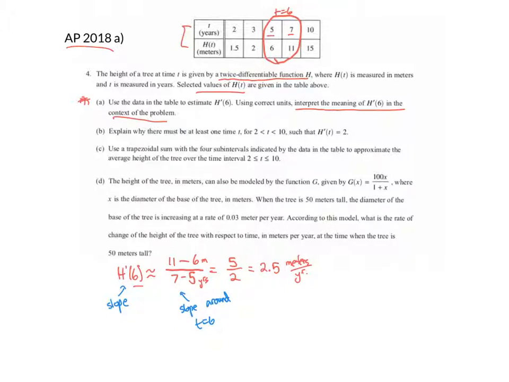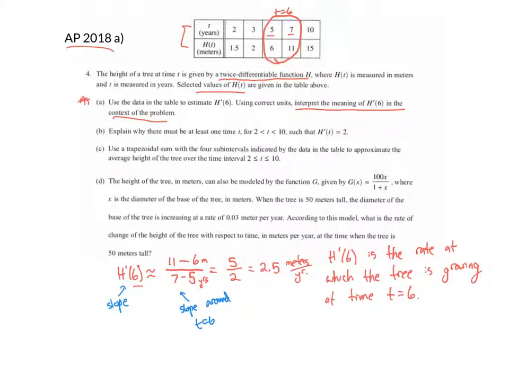So what we'll say here is that this, h prime of 6, is the rate at which the tree is growing at time t equals 6.